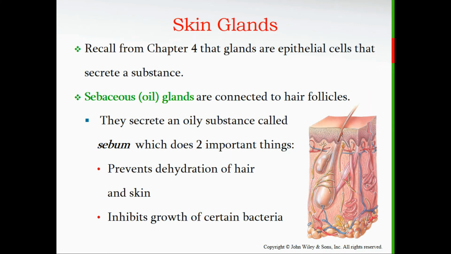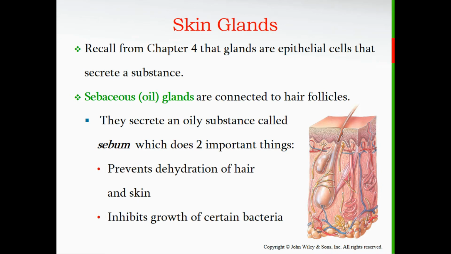Remember from chapter 4 that glands are epithelial cells that secrete a substance. You have a couple different glands that you're going to find in the skin, and sebaceous or the oil glands are always connected to the hair follicles. And they secrete an oily substance called sebum, which I mentioned a couple slides ago, and which does two important things.